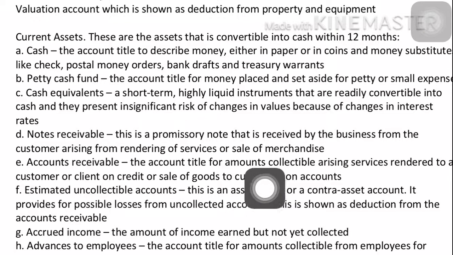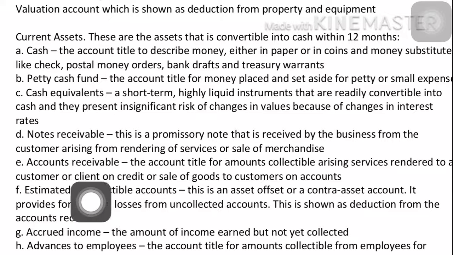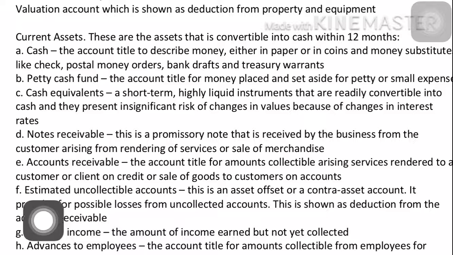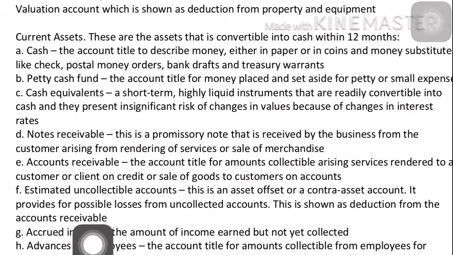The account title for amounts collectible arising from services rendered to a customer or client on credit or sale of goods to customers on account. Next is the estimated uncollectible accounts. So, this is an offset or a contra-asset account. It provides for possible losses from uncollectible accounts. So, this is shown as a deduction from the accounts receivable.